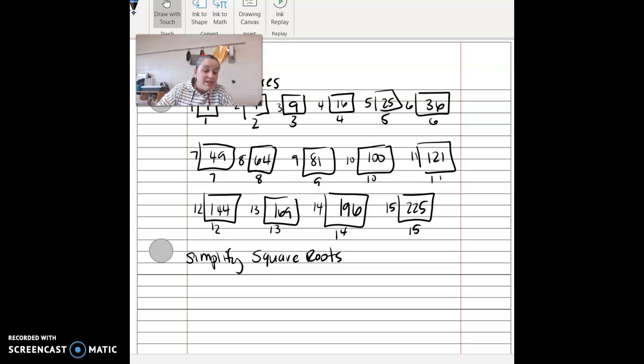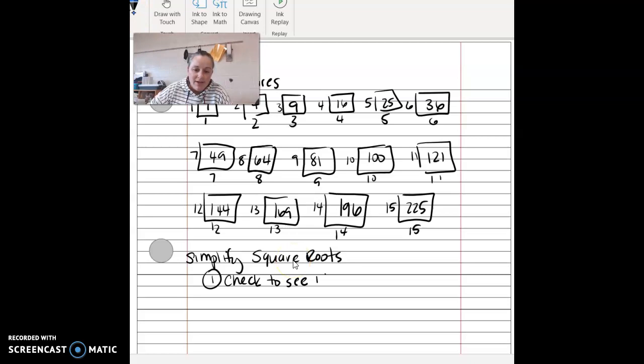And it's a 3-step process. Number 1, you want to check to see if it's already perfect. If it is, then you're done. You just give me that nice whole number and we can say it's done.